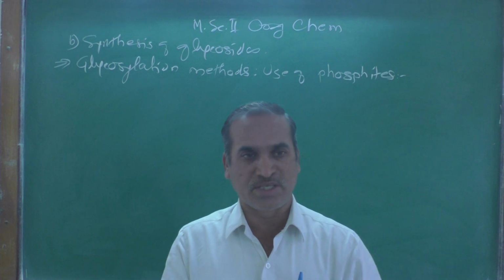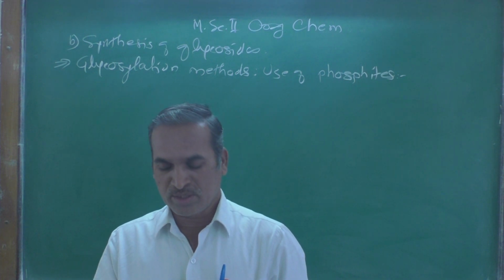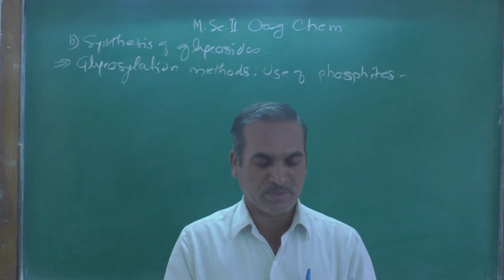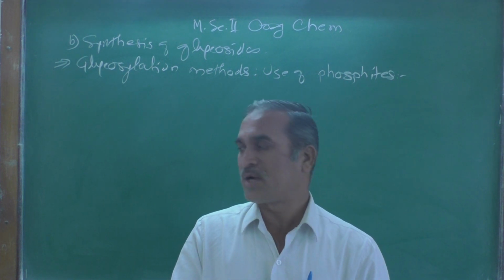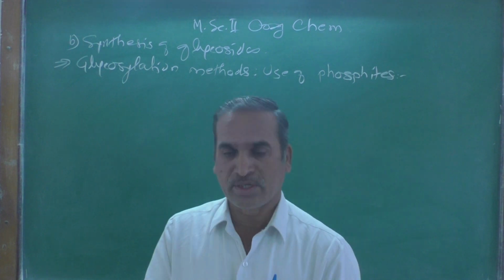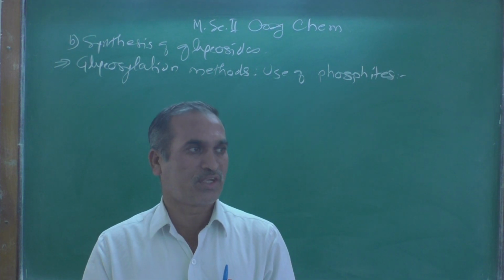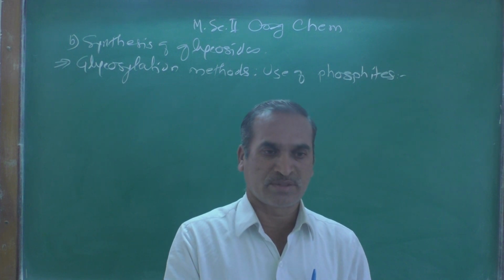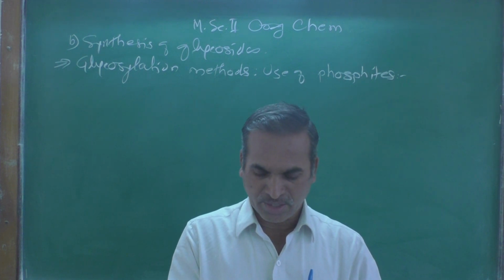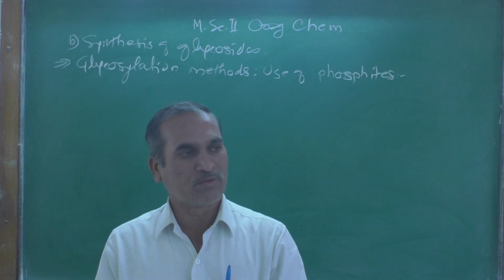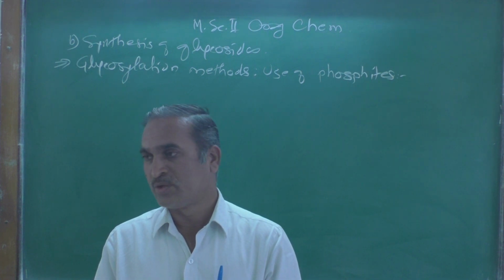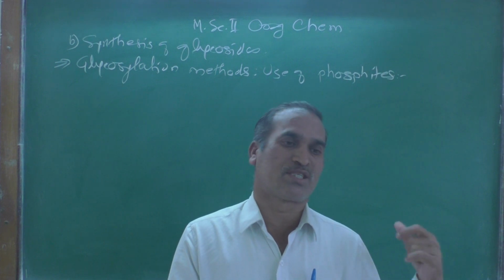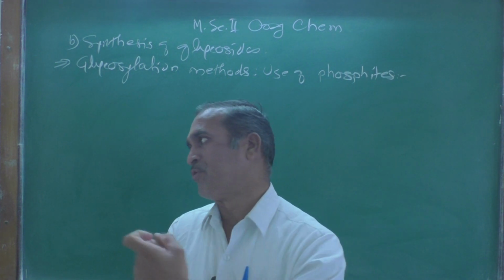After getting the desired product, we must deprotect it, and then product purification. After getting the desired product, we need the purification. Purity matters a lot in getting a pure compound, and therefore whatever compound we are synthesizing here, especially the phosphate, should be pure in form.